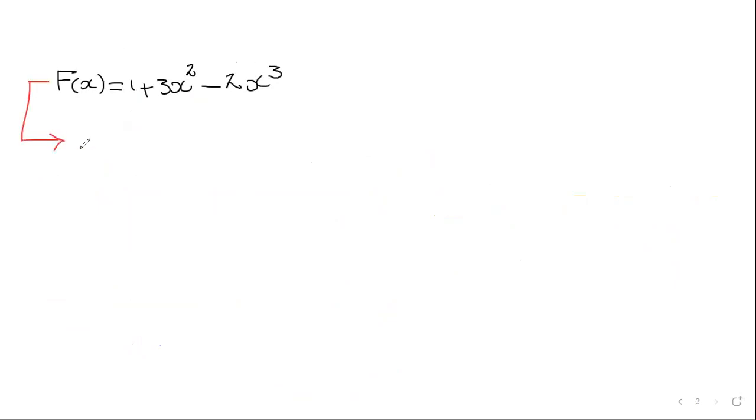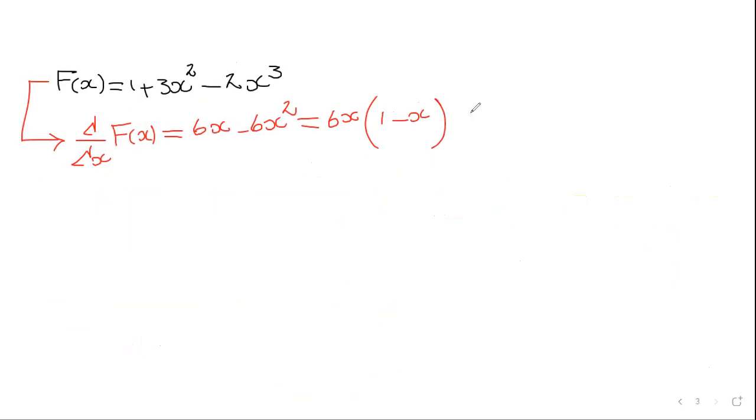As an immediate first step, d over dx of f of x is going to be 6x minus 6x squared, or you could factor it as 6x times (1 minus x). And as a result, we had two critical values, x1 equals 0 and x2 equals plus 1.